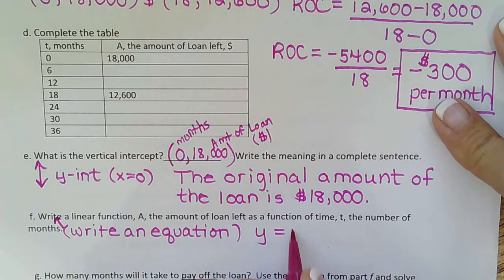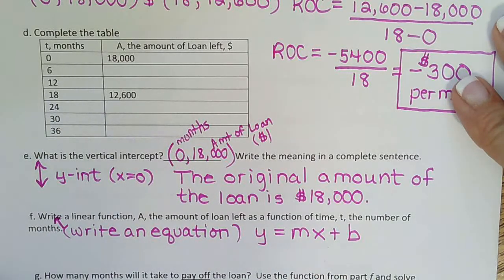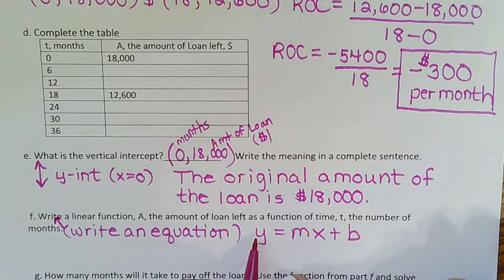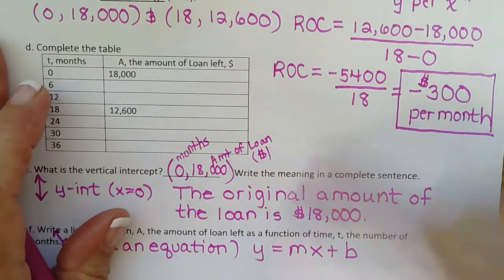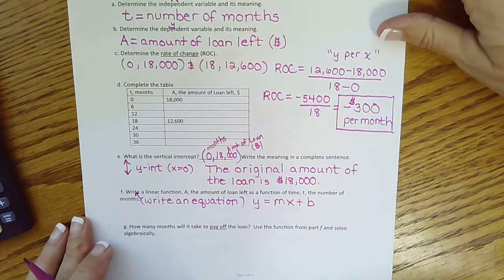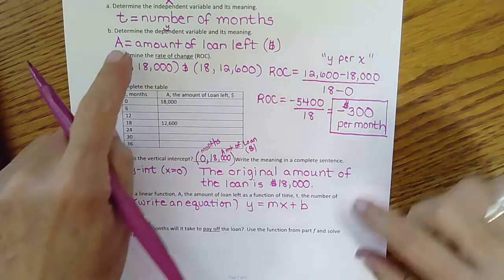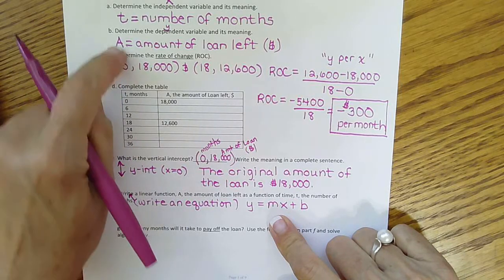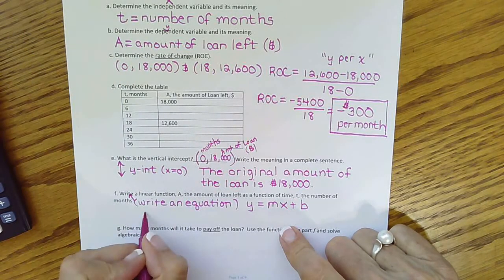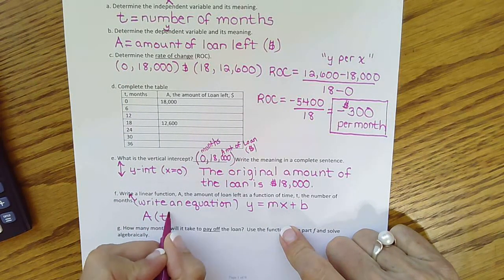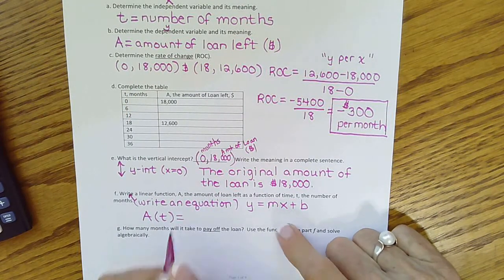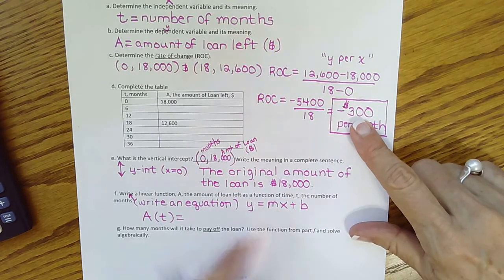aren't we ready to do this? Write the equation. Then once we get the equation, like I said, it's super easy to fill in the table. So up here we said that y was a. They want function notation. So that means a of t, because remember t is what is your x value in parentheses, and that's our x, equals, in place of m, we put negative 300.